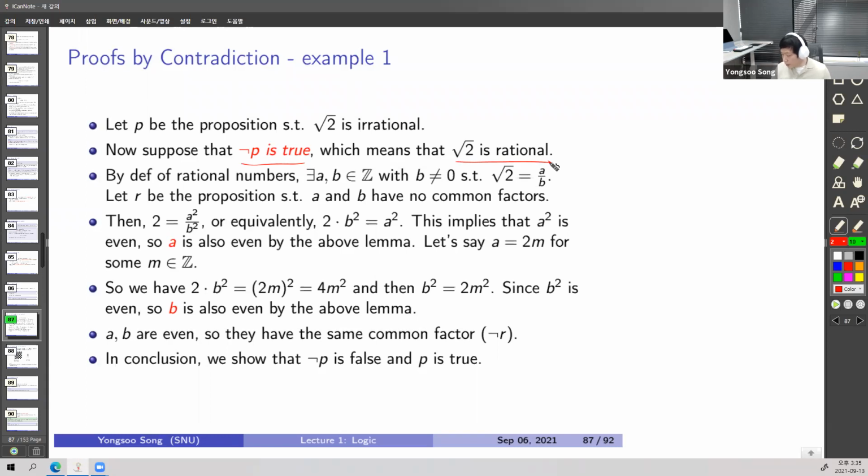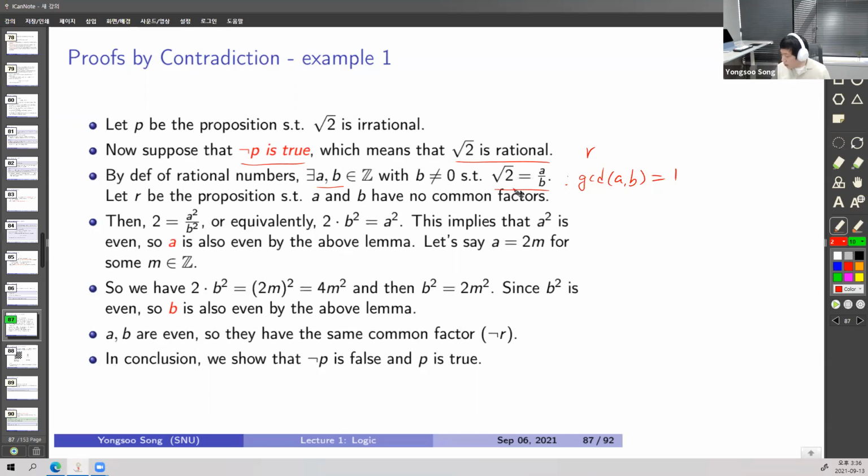So from the definition of rational numbers, there exist two integers A and B such that square root of 2 is represented by A over B. And we can also make an additional assumption that GCD of A and B is equal to 1, meaning that A and B have no common factors. So here, R is the proposition that A and B have no common factors.